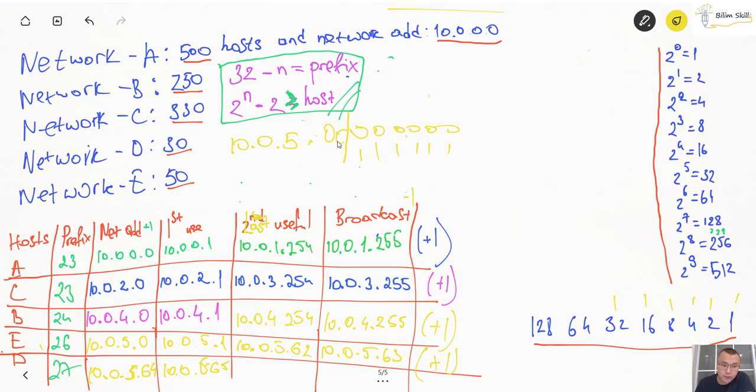So we have to find the prefix number 27, right? To do that we have to open it in binary format. The network address, we are opening the last octet in binary format, and it will be like this one.